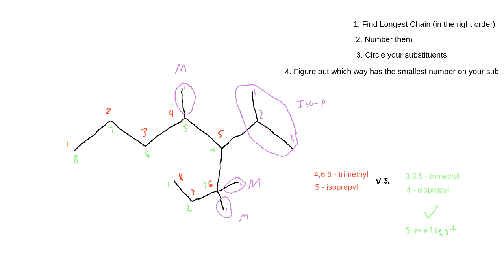The reason why isopropyl comes before trimethyl is because for iso, the I counts in alphabetizing, but when you do sec and tert, the S and T don't count.